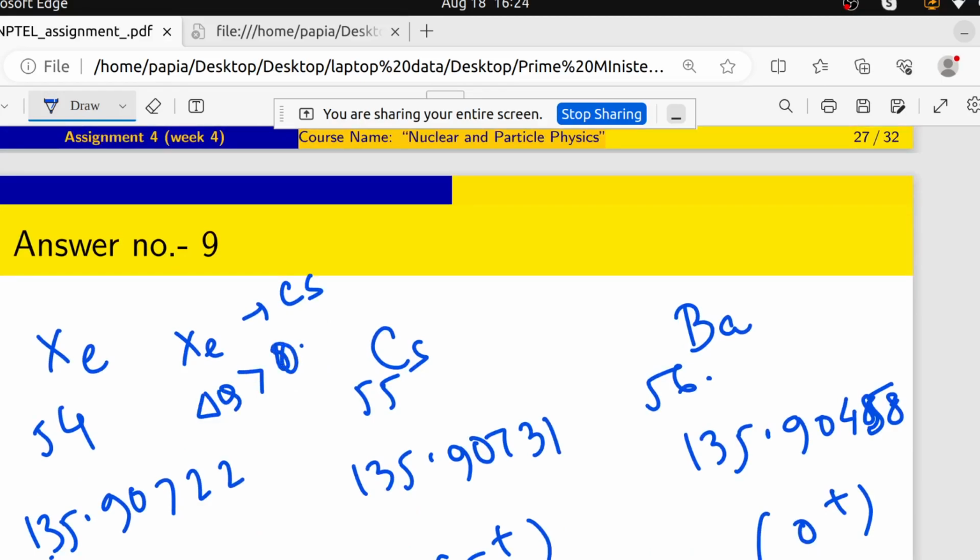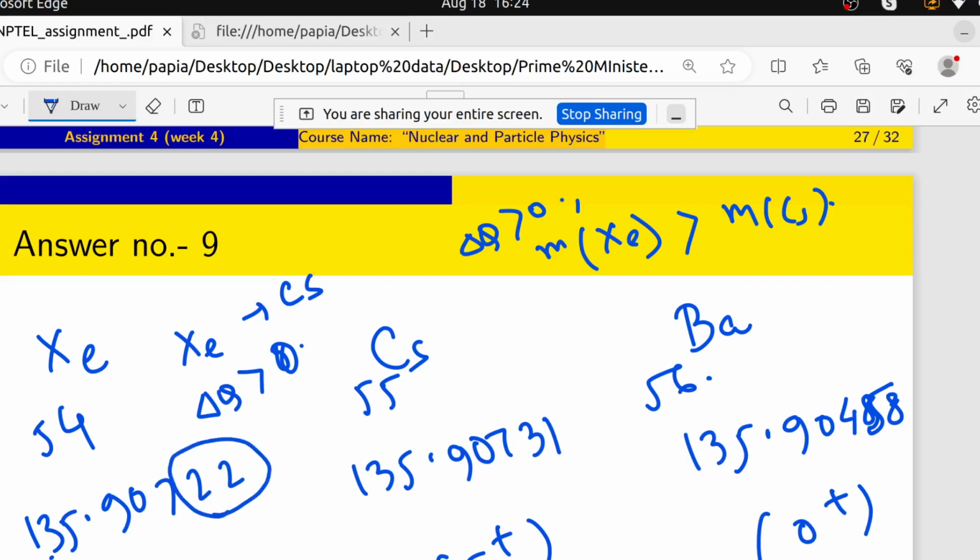So what is delta Q here? 135.90722 and 135.90731. You can see that for delta Q greater than 0, the mass of xenon should be greater than the mass of Cs. Is the mass of xenon greater than the mass of cesium? No, because the mass of xenon is like 722 and here the mass of cesium is 731.